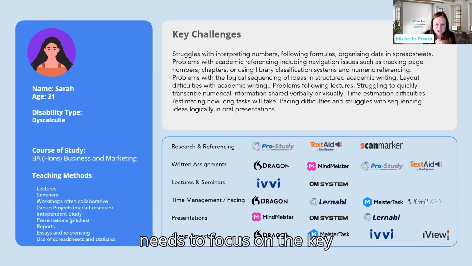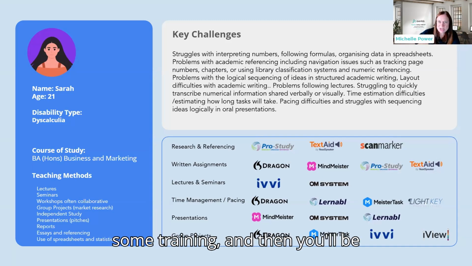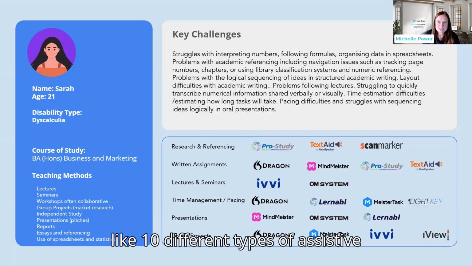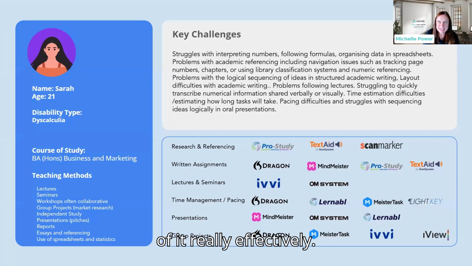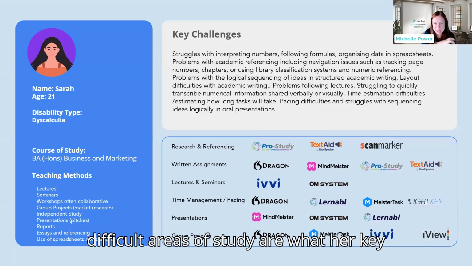She really needs to focus on the key challenges she has, rather than us saying, here's all this AT, have some training, and then you'll be really successful. You can't be using 10 different types of assistive technology. You're not going to use any of it effectively. So we thought, we'll look at 3 options for Sarah, depending on what her most difficult areas of study are, what her key challenges are.